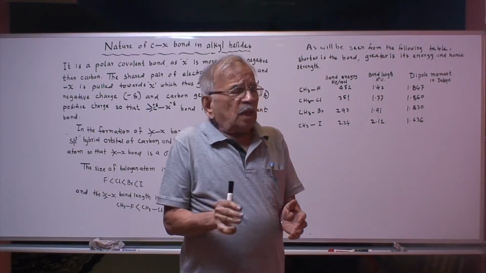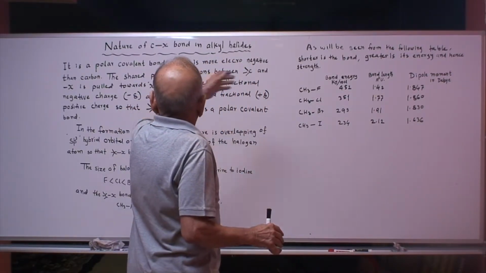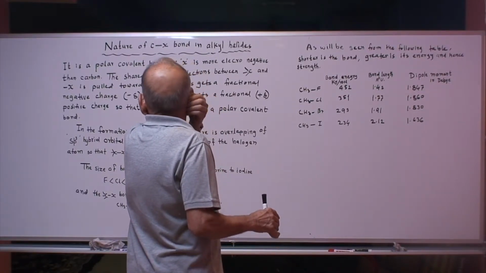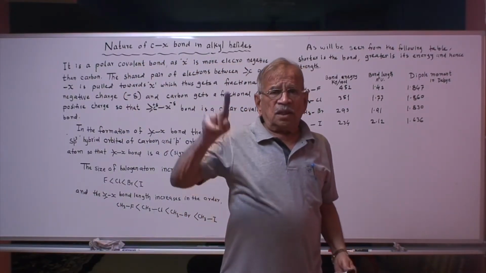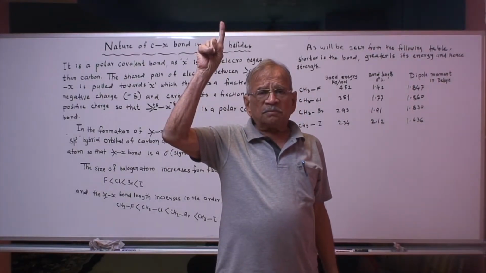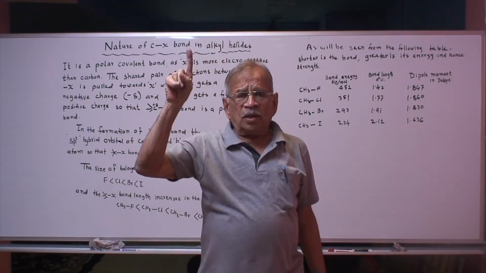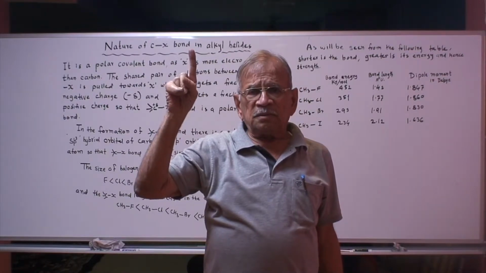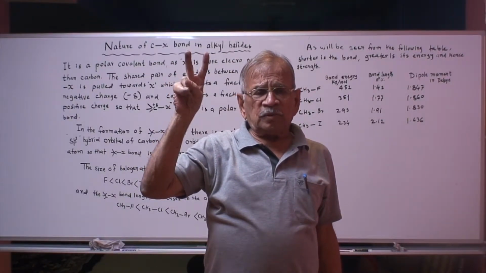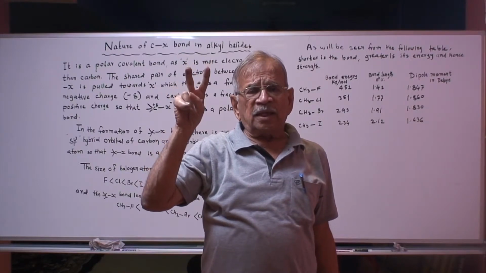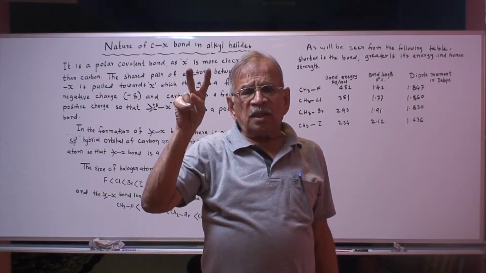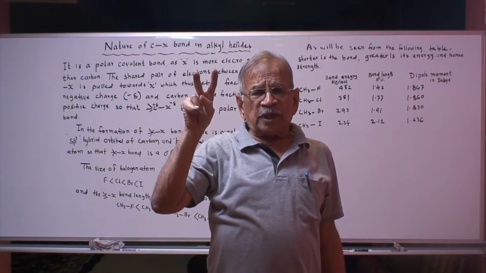So now, as far as the nature of the CX bond is concerned, we are familiar with these things. Number one, it is a covalent bond. Number two, both C and X get fractional positive and negative charges.